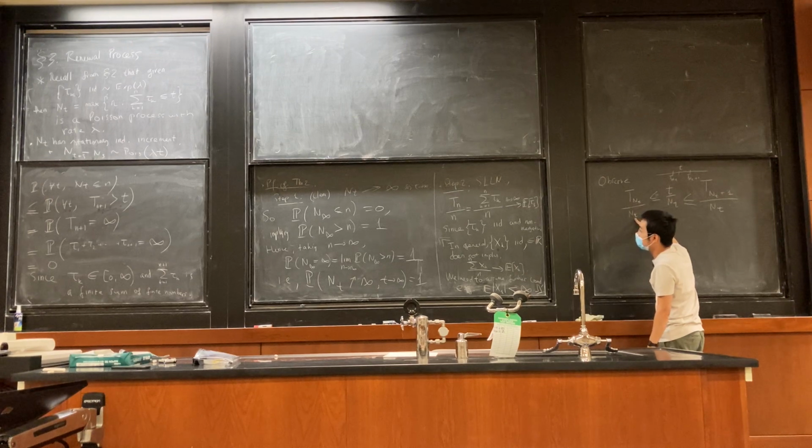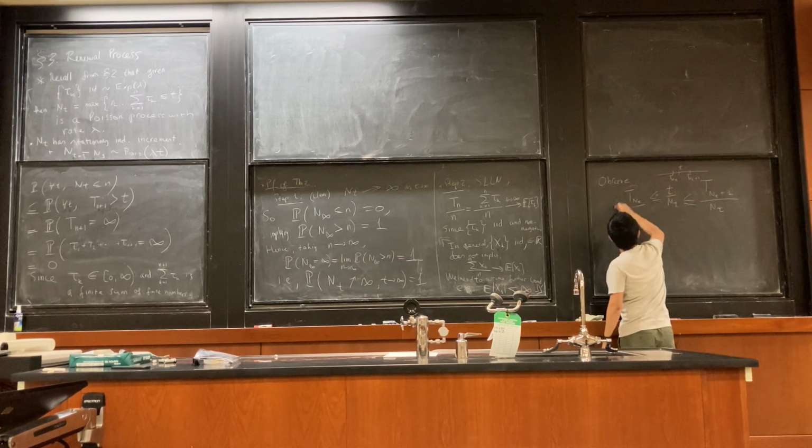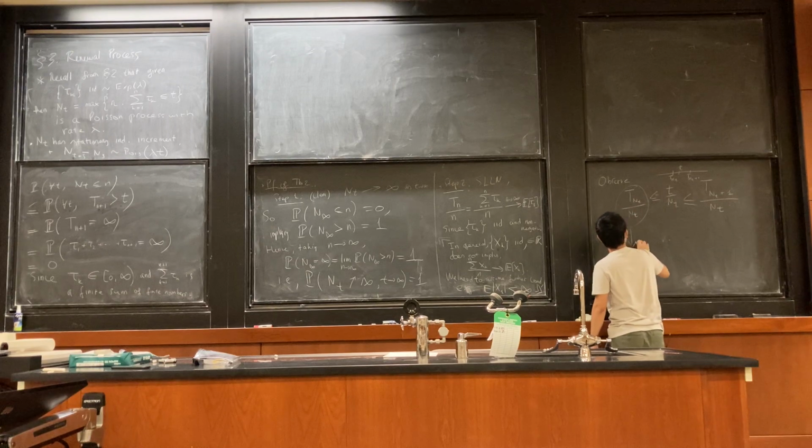So by the strong law of large numbers, because N_t goes to infinity from step 1, this ratio goes to the expected value of tau_1 as t goes to infinity.